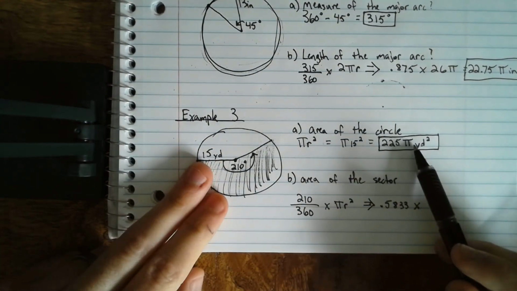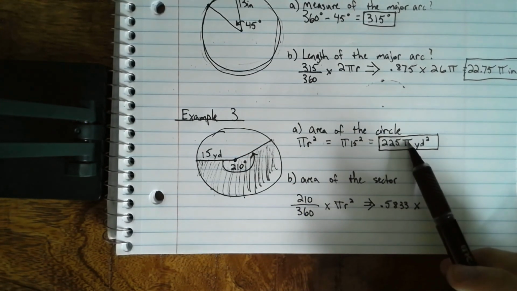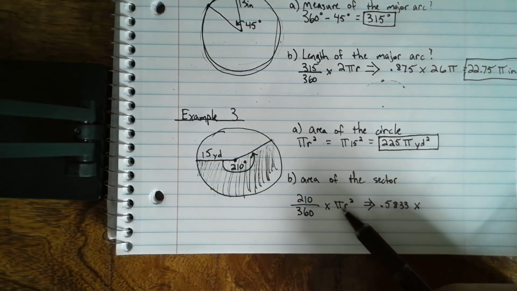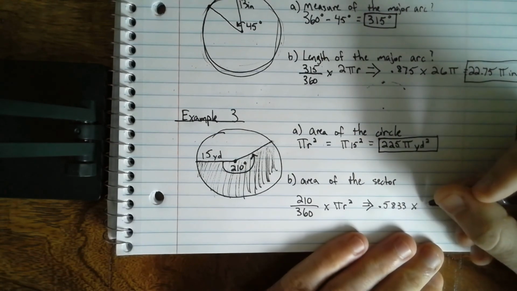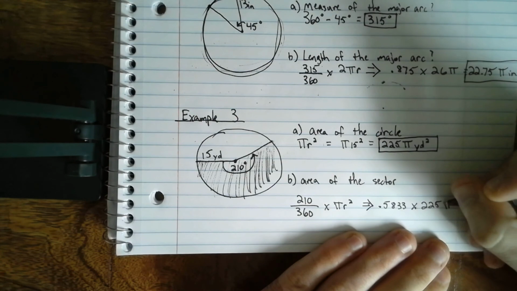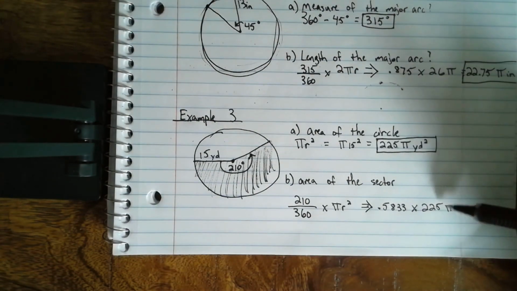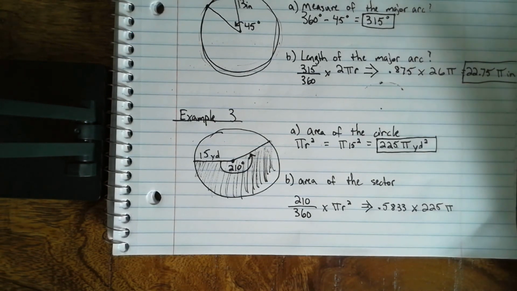Well, we did that up here. That's why I said find the area of the circle first. That way we found it up here, and then we can just plug this in for that guy right there. Times 225 pi, because this is the area, pi r squared. R squared is 225, and then we're going to leave the pi in, guys. Just remember, we're not going to expand that out.